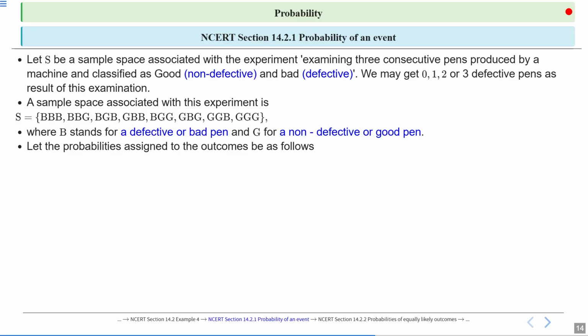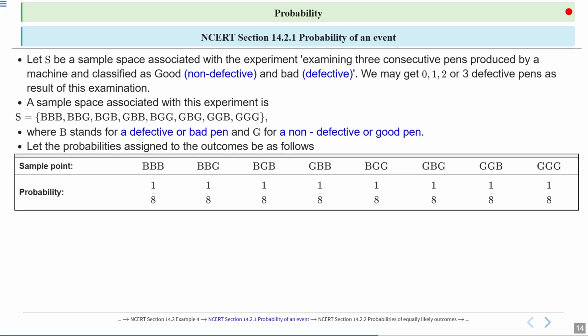Okay. So the probabilities assigned to the outcomes be as follows here. So here you can see sample point. For sample point BBB, what is the probability? So probability of BBB is basically 1 by 8. Okay, how do we get here?